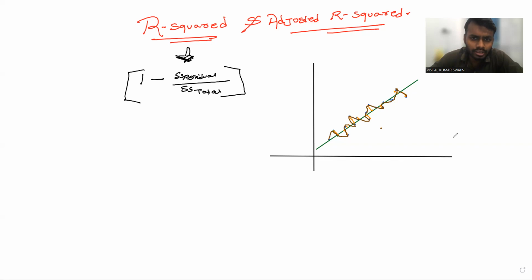It is the sum over i from 1 to n, where n is the number of data points, of the actual value minus y hat, the whole squared. This gives the error, the minimal error, which is the difference between the actual value and the predicted value, right?